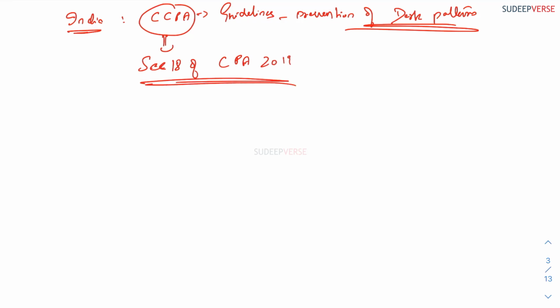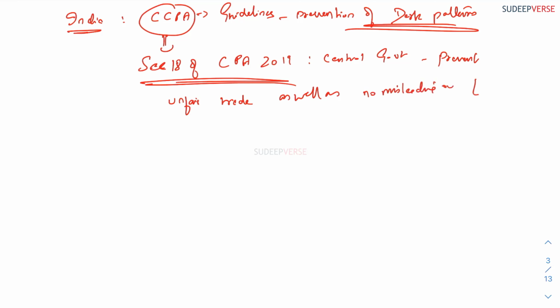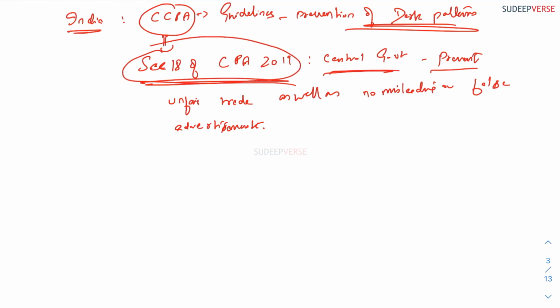This section gives the central government the power to prevent unfair trade practices as well as misleading or false advertisements.